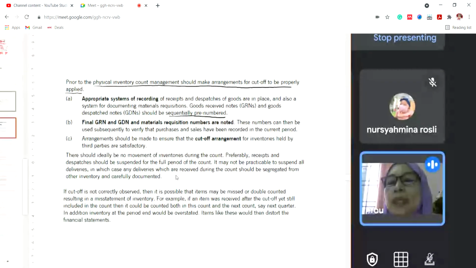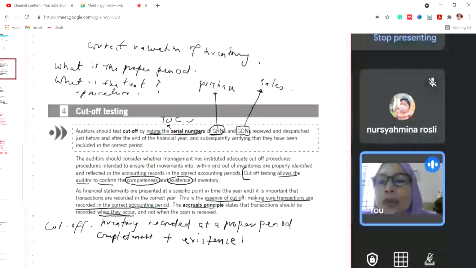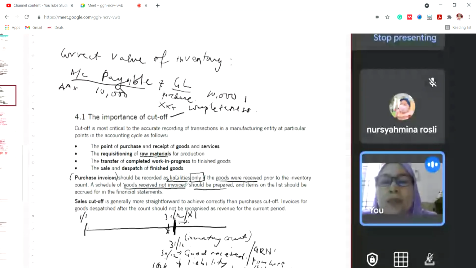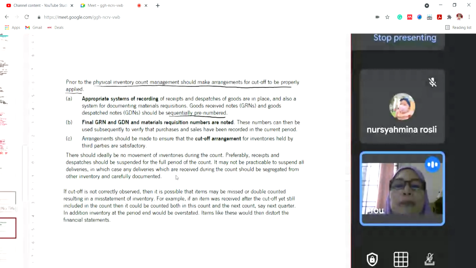This is also a point of concern for you as an auditor: the importance of cut-off, point of purchase and resale of goods and services, requisitioning of raw material, transfer of work in progress, and the sales and dispatch of finished goods. The same thing you should highlight to the management.